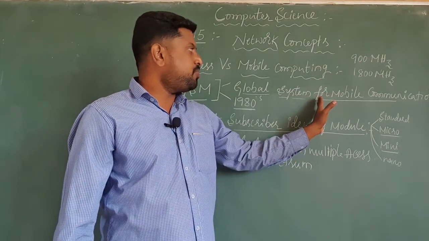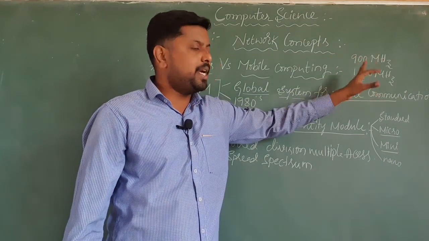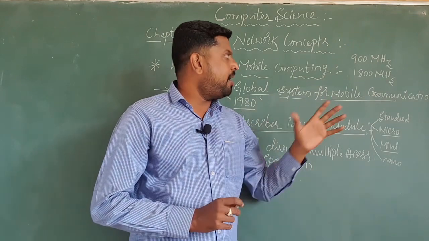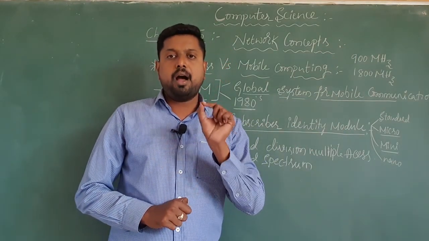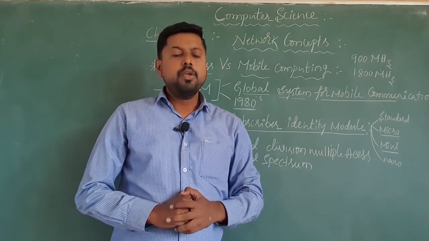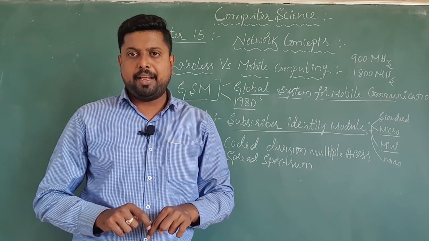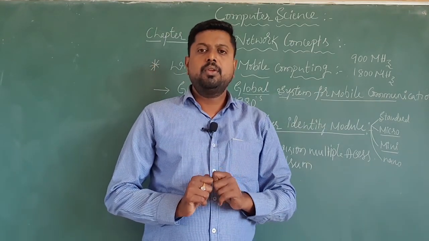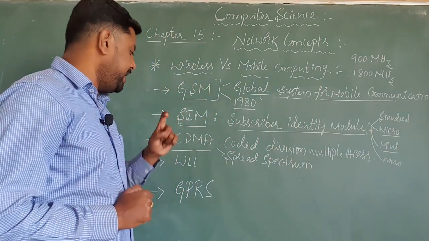So this GSM technology works from 900 to 1800 megahertz. Based on its frequency, we have some speed limitations and also network limitations, dear students. So this is about GSM and CDMA.